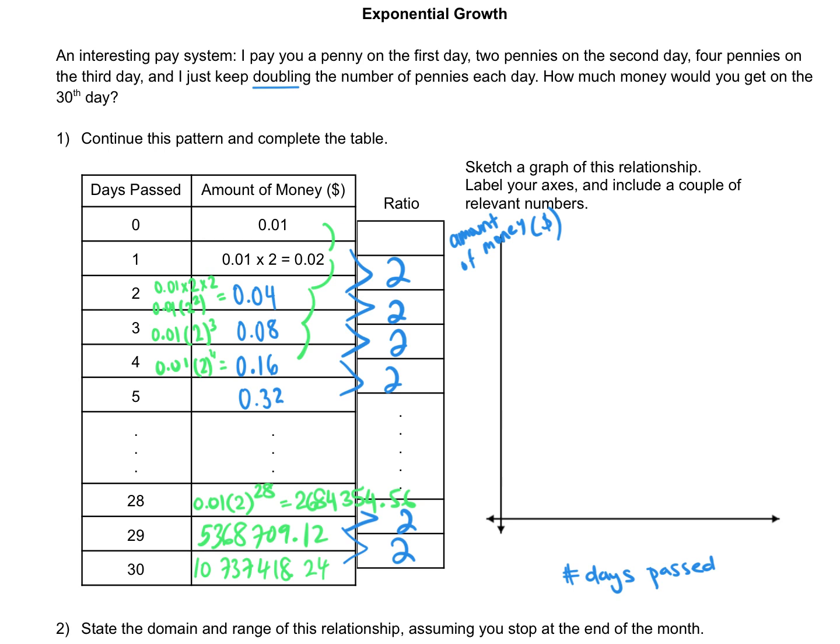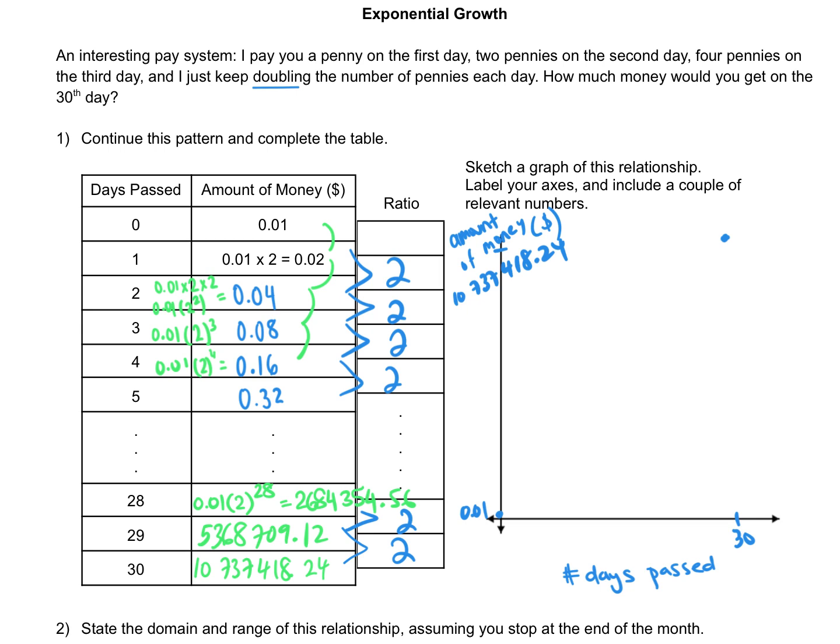So all I'm going to do is say here's 0.01, and I'll say on day 30, the very top here, that's going to be the 10,737,418.24.